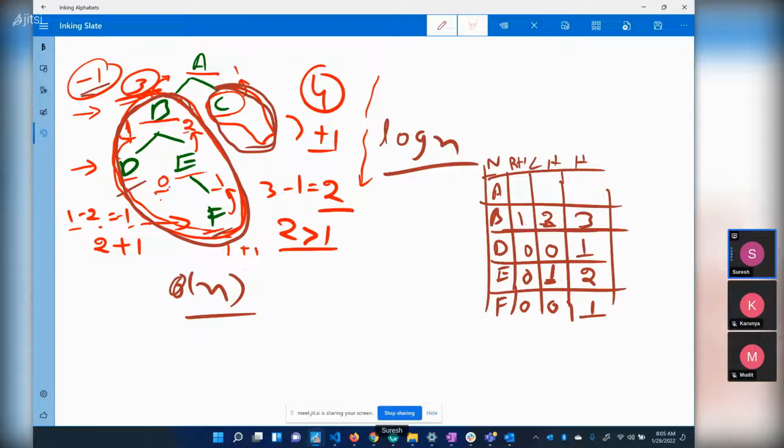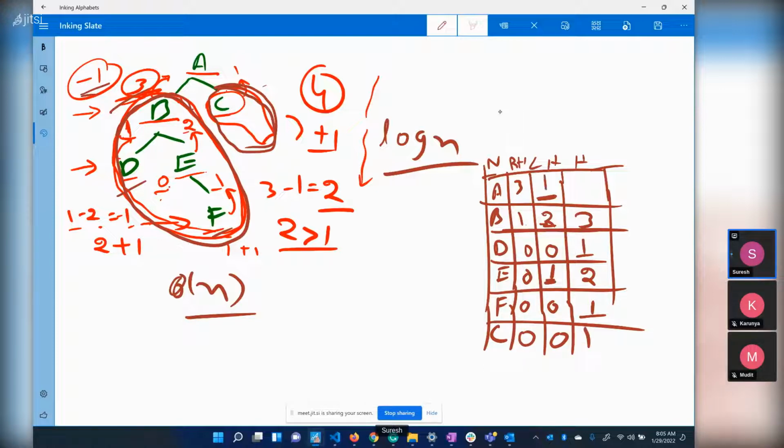So this is how you're saying, right? Having values. Yes, this really makes sense. So now the A left subtree height is 3, and we want to calculate the left subtree C. So C left subtree 0, right subtree 0, and C height is 1.